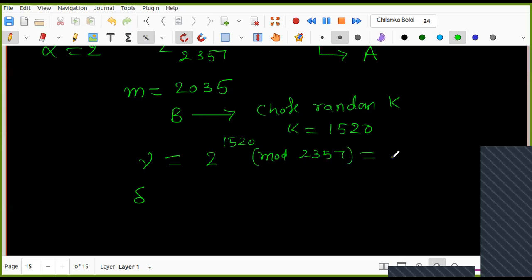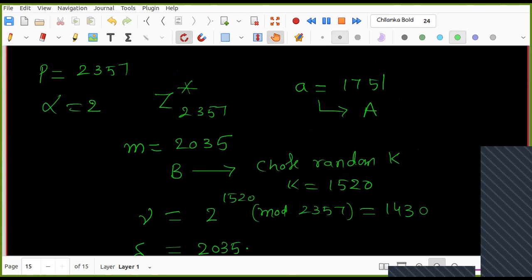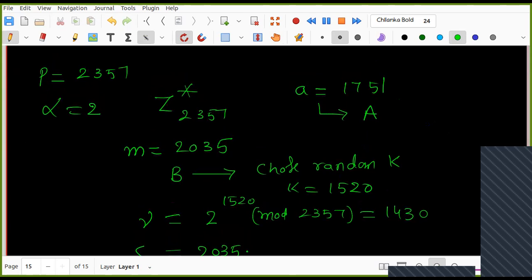So gamma is going to be 1430. How is delta computed? First we take m, into alpha power a. What is the alpha power a value? We need to compute that. Alpha power a is equal to 1185.